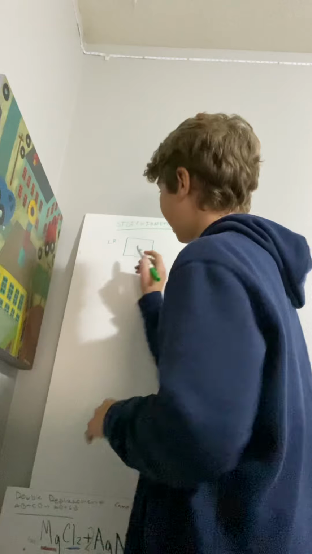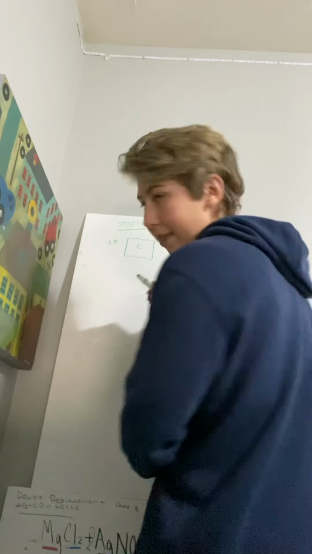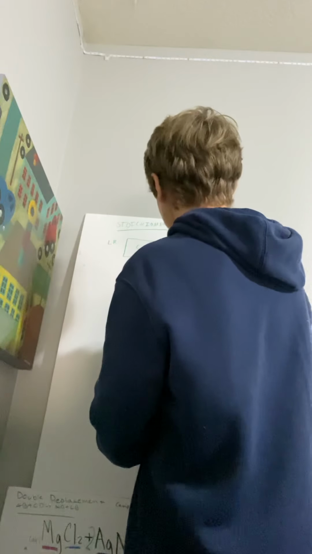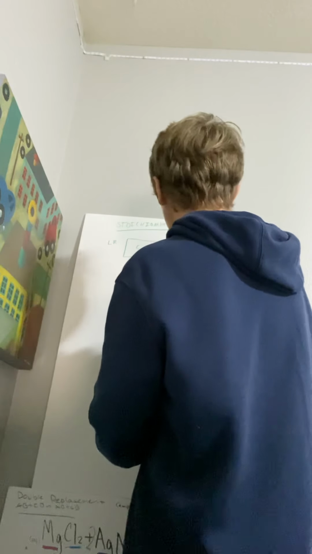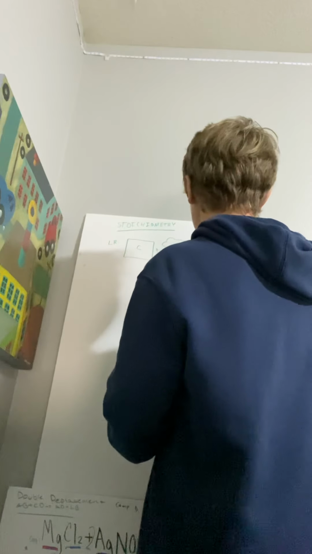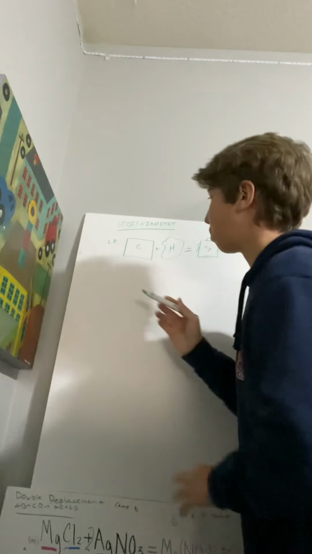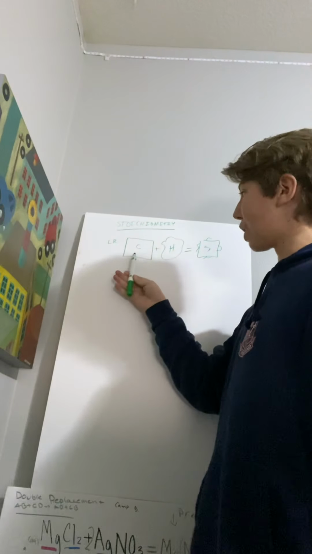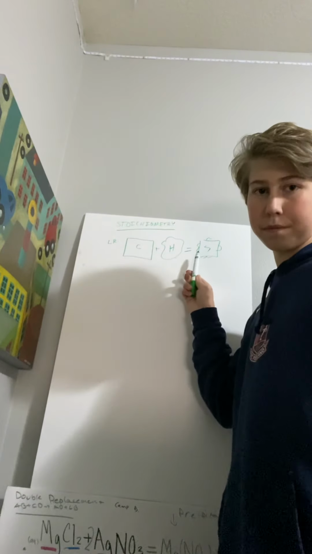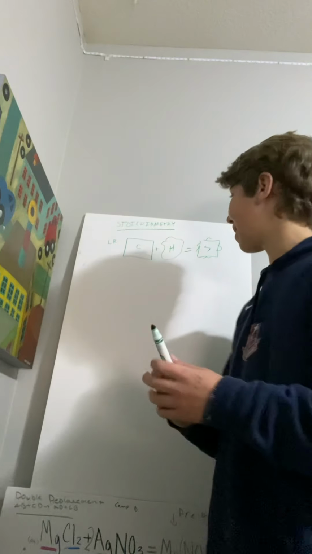Let's say this box here is our cheese, and this is our ham. In this equation, we know that one cheese plus one ham equals a sandwich. That's pretty basic.